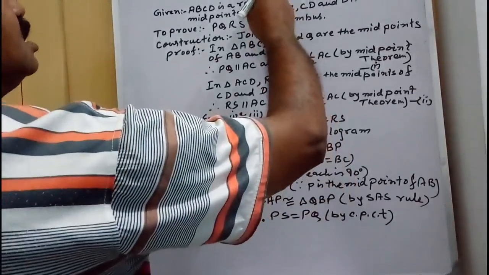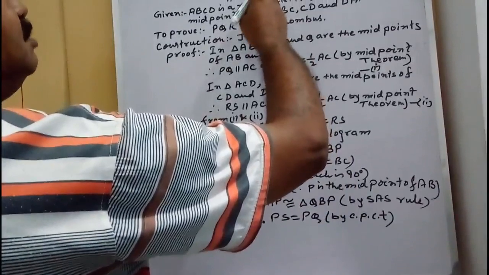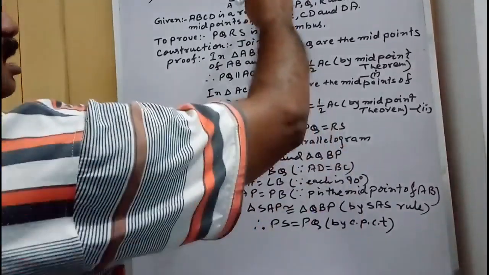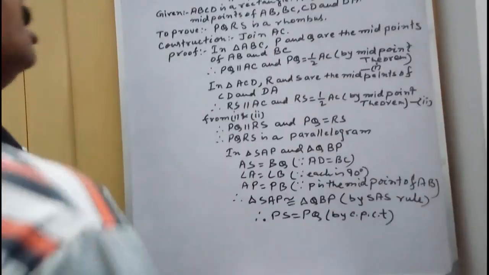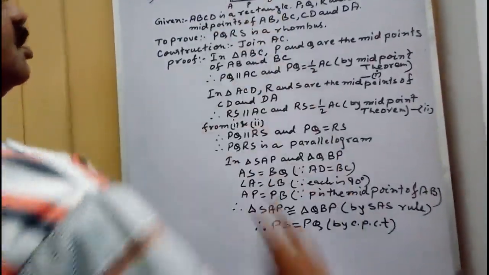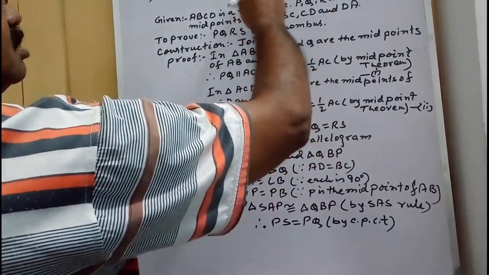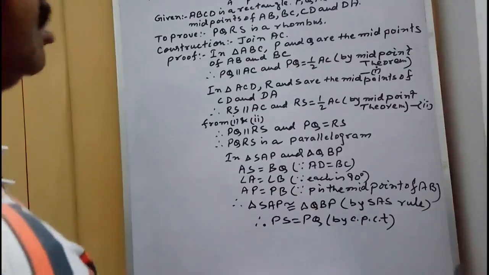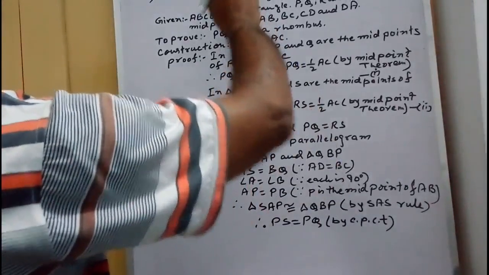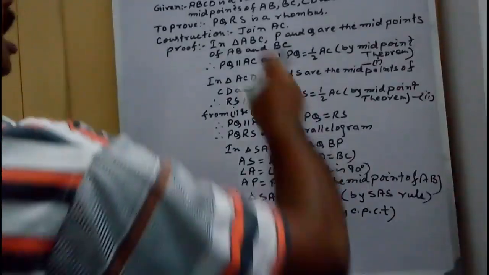If you take triangle BPQ and triangle QCR, after congruence, PQ is equal to QR. Similarly, by these two triangles, you can put RS equal to PS.